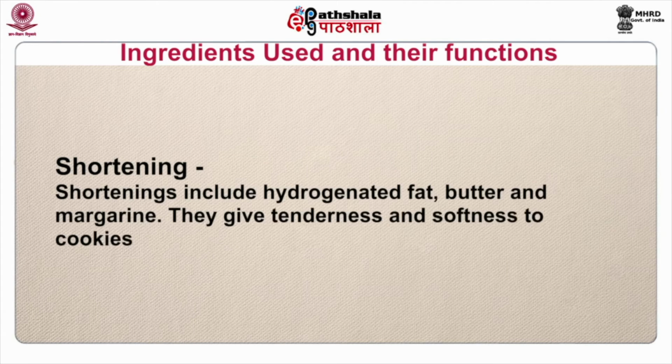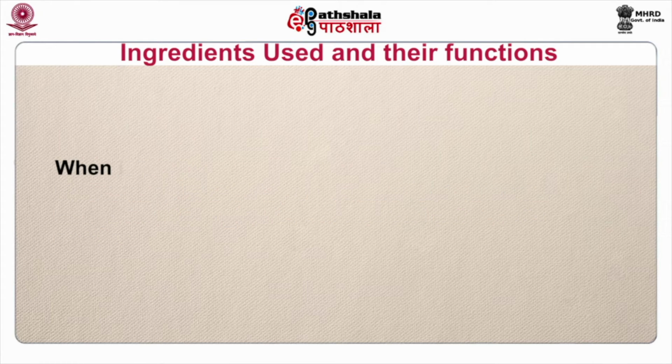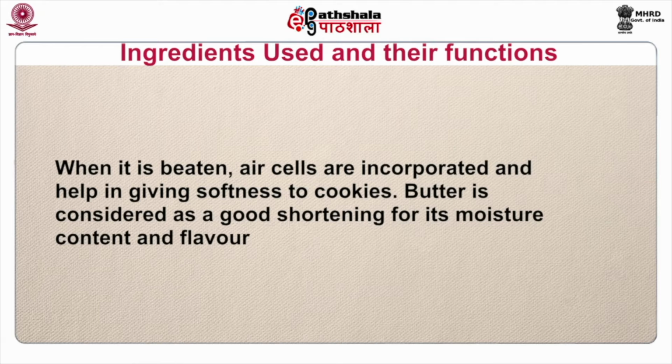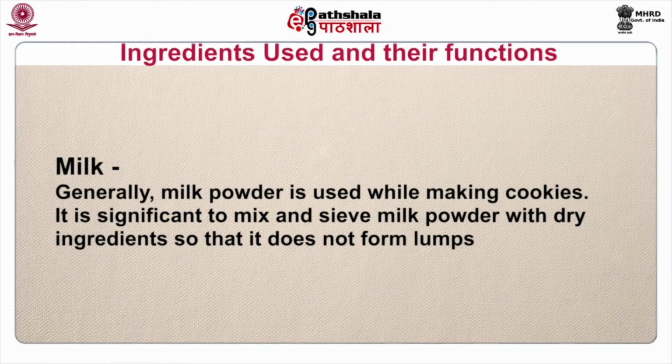Shortening. Shortenings include hydrogenated fat, butter and margarine. They give tenderness and softness to cookies. When it is beaten, air cells are incorporated and help in giving softness to cookies. Butter is considered as a good shortening for its moisture content and flavor. Milk.